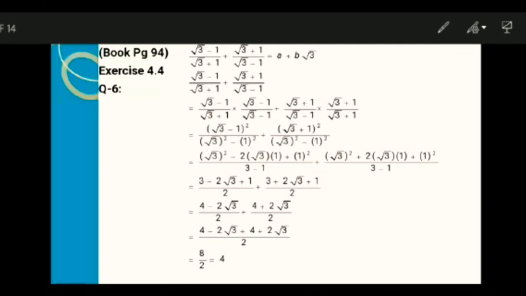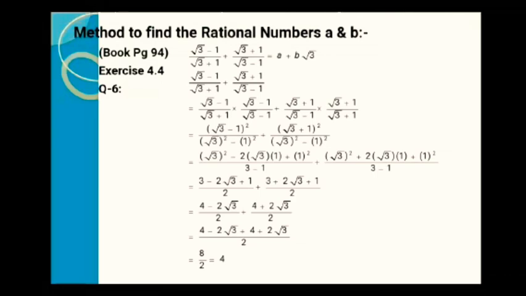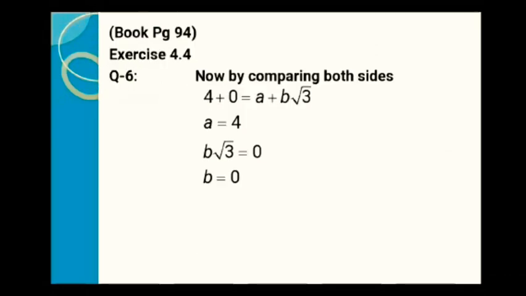Minus 2 under root 3 and plus 2 under root 3 will be cancelled and you will add 4 and 4. 8 over 2 will be equal to 4. Now on the left side we have only 4, which is equal to a plus b under root 3. So we will compare both the sides. So 4 plus 0. We will write 0 here because there is no other term.